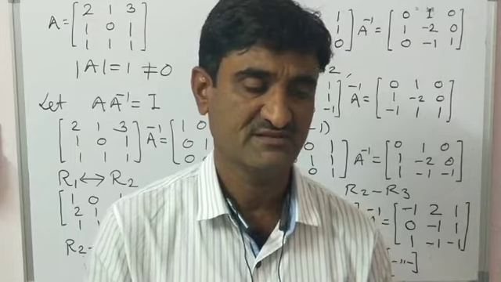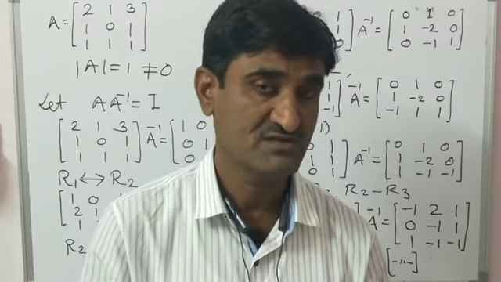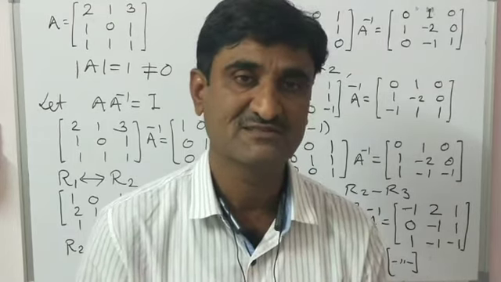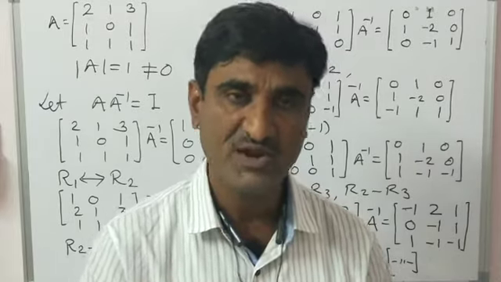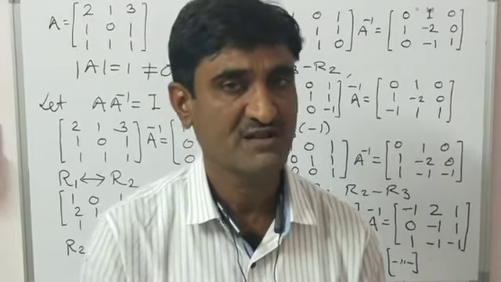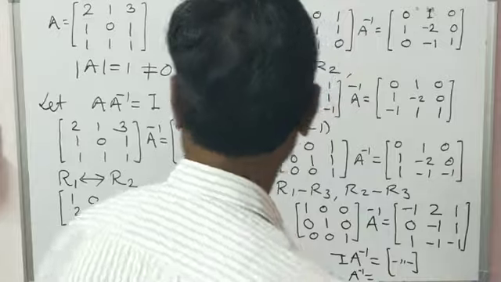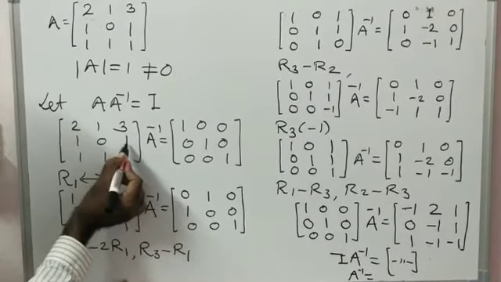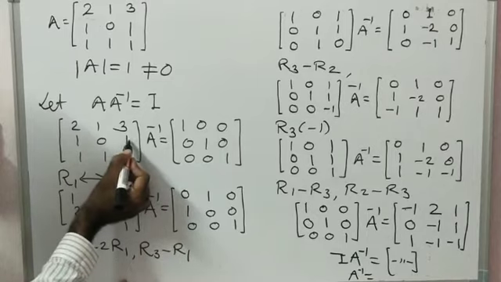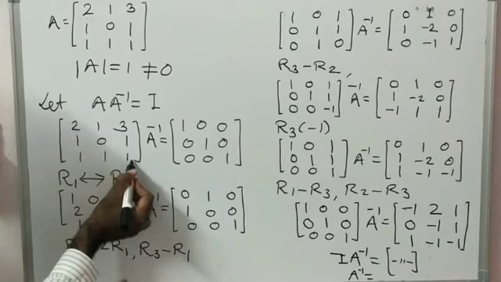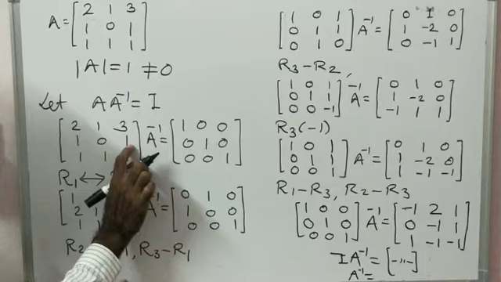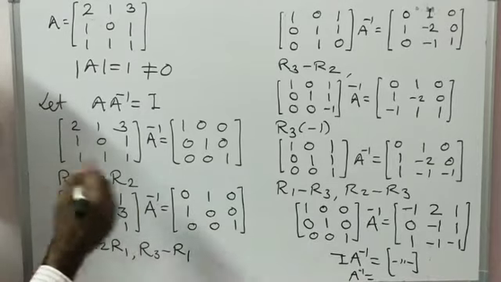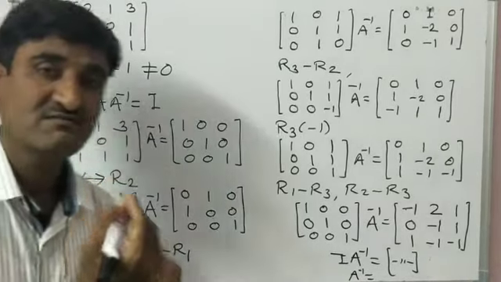Sometimes we get 0 from another operation by breaking the sequence, but it is a boomerang. How is it a boomerang? Suppose in this example we first get 1, then R2 minus R3 gives 0 here, but our manipulation finishes.